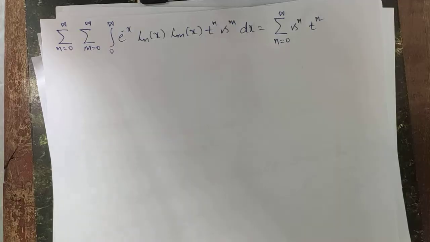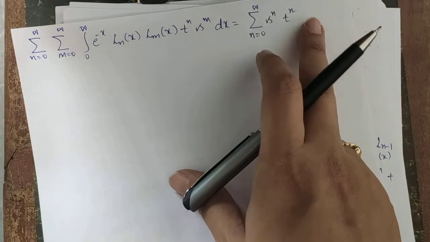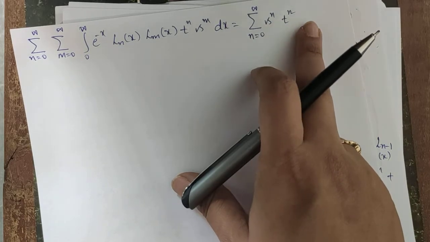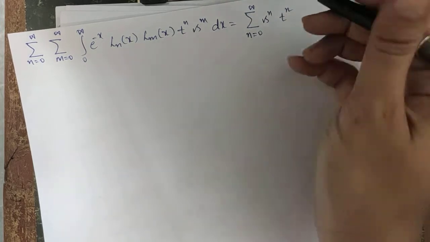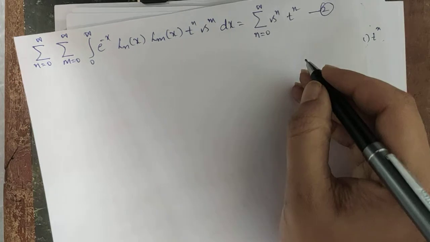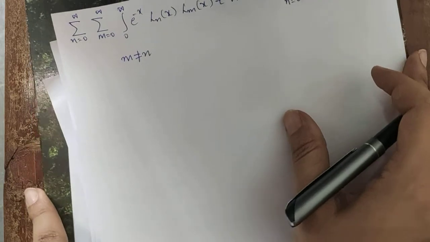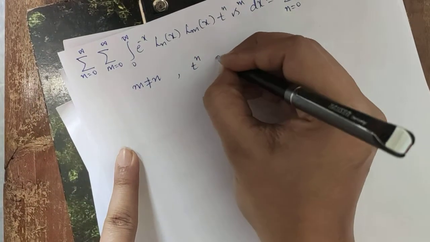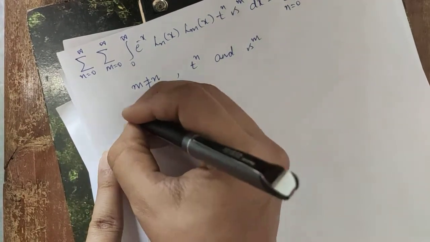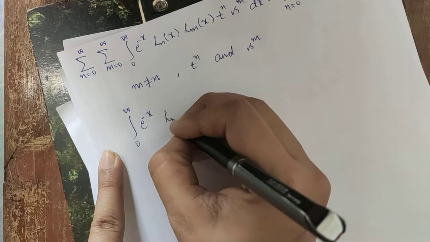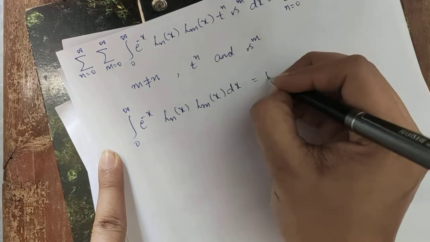Okay. So now in equation 2, you can observe the powers of t and s are equal in each term of your RHS part of the equation number 2. Right. So when m is not equal to n, the coefficient of t power n and s power m will become integral 0 to infinity e power minus x Ln of x into Lm of x dx will be equal to 0.